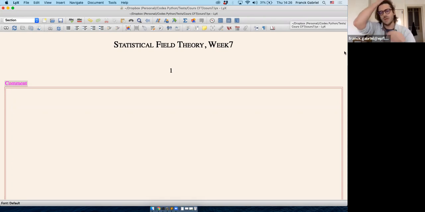Okay, so it's this that I want to do. It's not really showing that I have convergence to a CFT, but more trying to understand the axioms of CFT coming from a statistical model, and what I need on my statistical model so that I have a CFT at the limit.